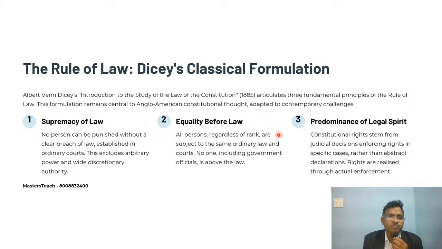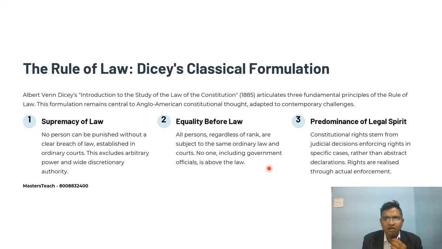As per Albert Venn Dicey, supremacy of law means no person can be punished without a clear breach of law established in ordinary courts. This excludes arbitrary power and wide discretionary authority. Then all persons, irrespective of their rank, creed or caste, are equal in front of the law. All persons, regardless of rank, are subject to the same ordinary law and courts.